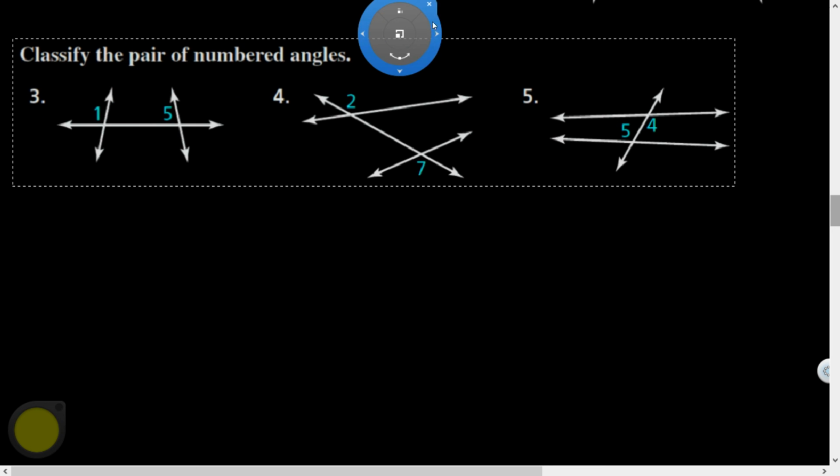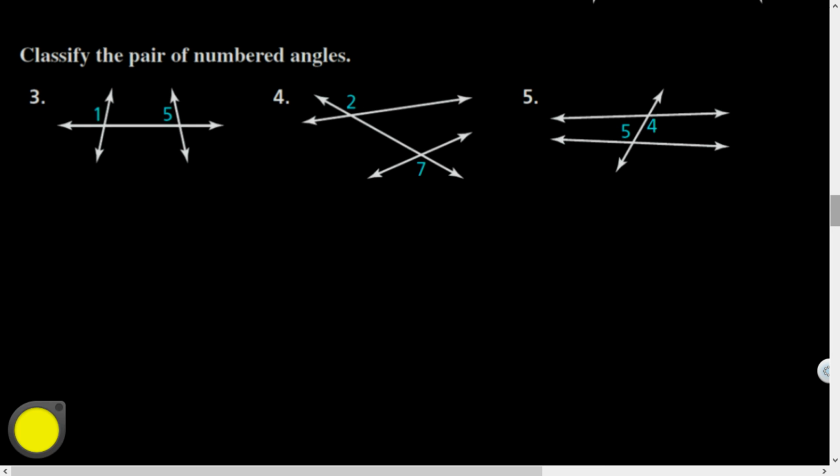Okay, here we go. Can someone classify problem 3, angles 1 and 5? Aiden: those are corresponding angles. Isaiah, question 4, angles 2 and 7. They're exterior and they're alternate.